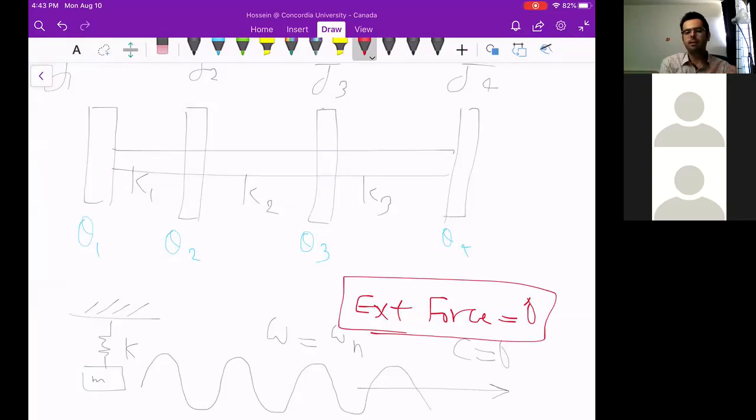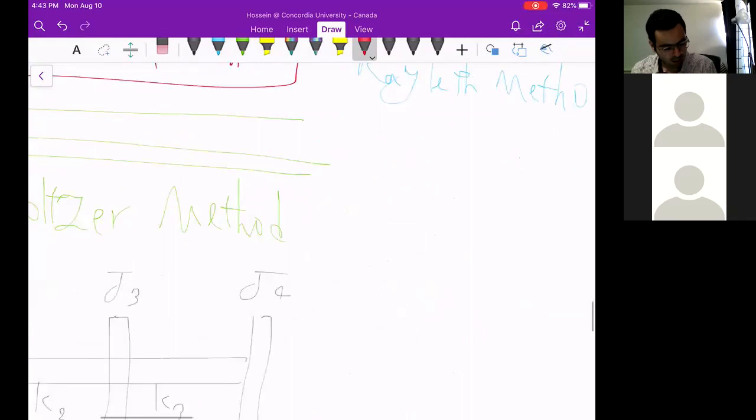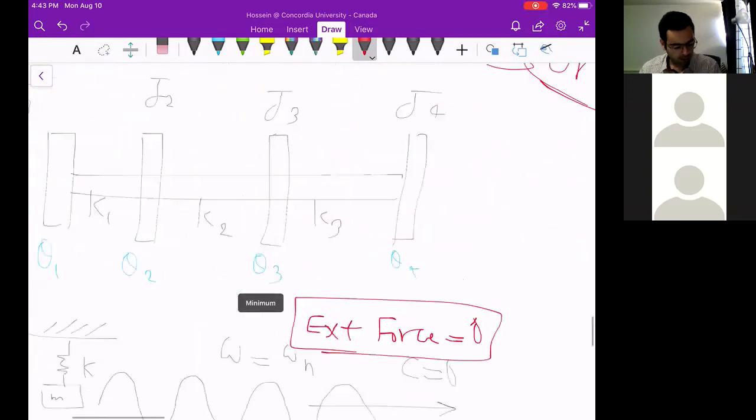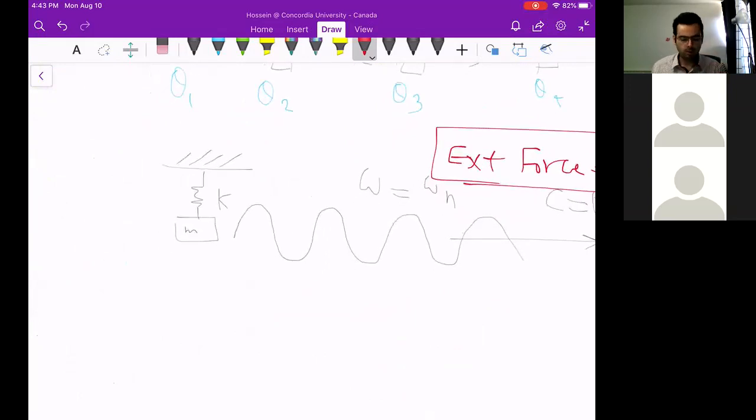So Holzer sees this phenomenon from the other side. The focus of the Holzer method is just the undamped system. Be careful: for the undamped system, either linear or rotational, no matter, just undamped.